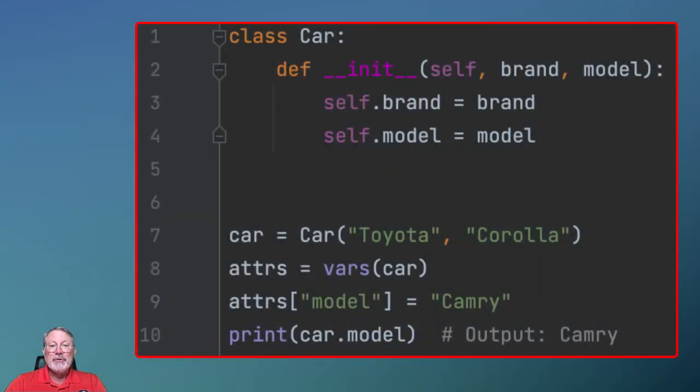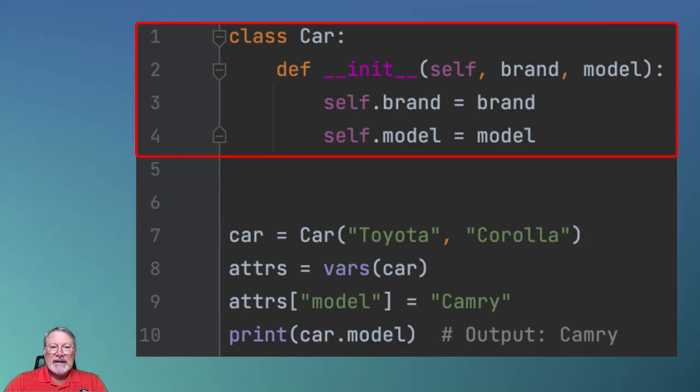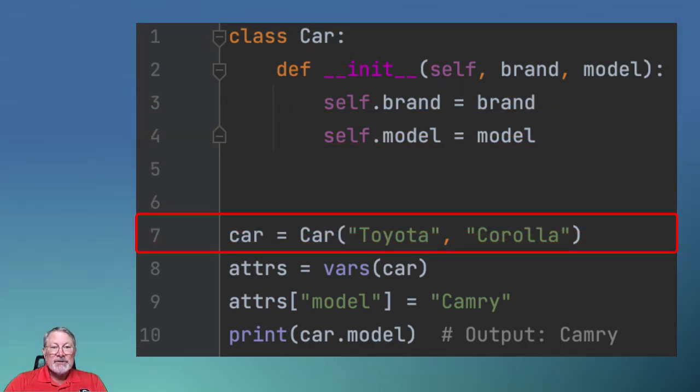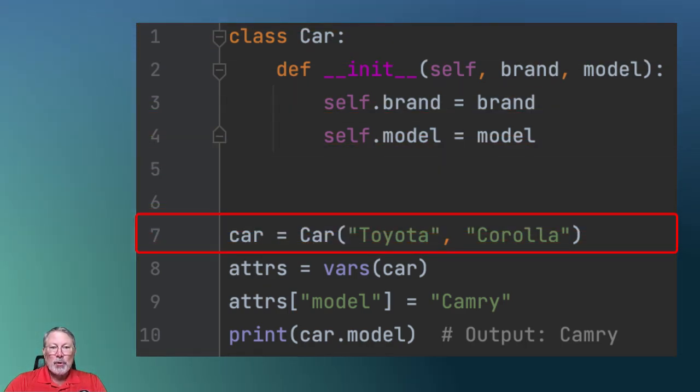Vars can also be used to dynamically update attributes of an object. Here we define the class Car with an init constructor function that will set the brand and the model attributes of the car. Then we create a car instance as a Toyota Corolla.